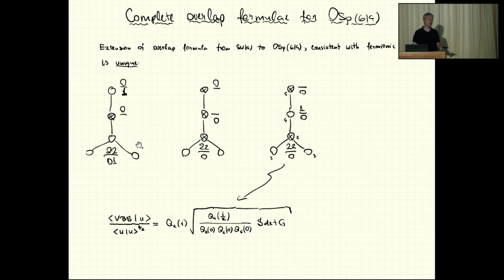And so we can write overlaps for all possible operators and also in all possible gradings. In particular, we can write it in the distinguished grading where the fermionic and bosonic nodes alternate.